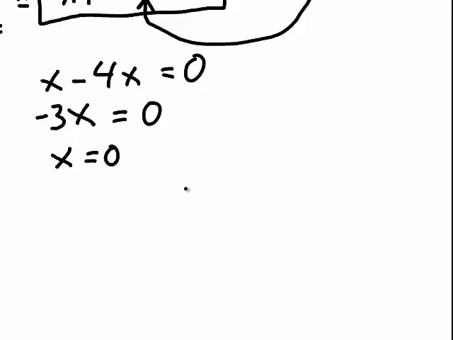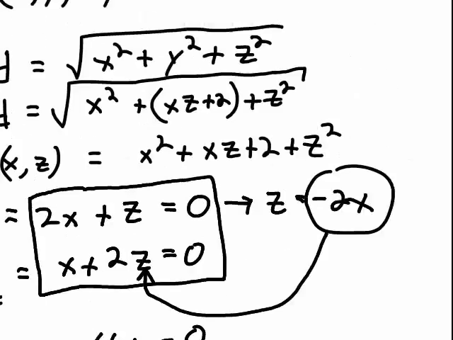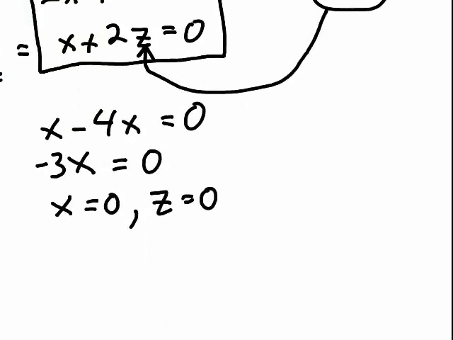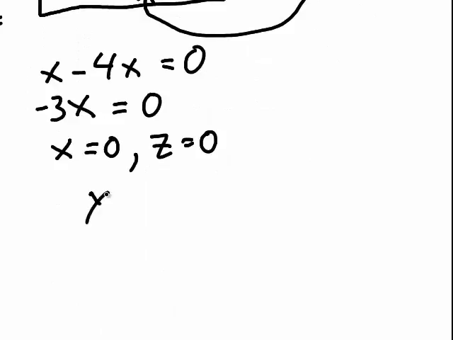And since z equals negative 2x, z must equal 0. And since on the surface y squared equals x times z plus 2, y squared must equal just 0 plus 2, or just 2. So y squared equals 2, which means y equals plus or minus root 2.